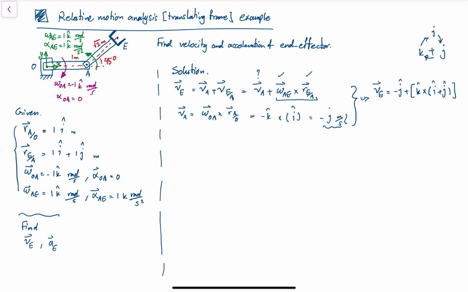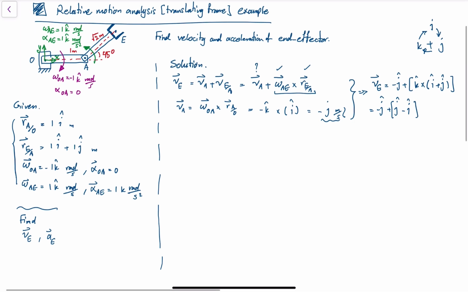And if you do the cross product, this becomes minus J. K cross I is J. And K cross J is minus I. So everything will simplify, equals J, and that J is cancelled. I have minus I. Or let's write it as minus 1 I meters per second.